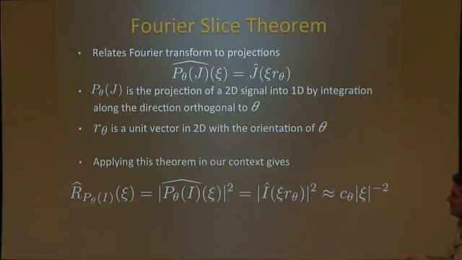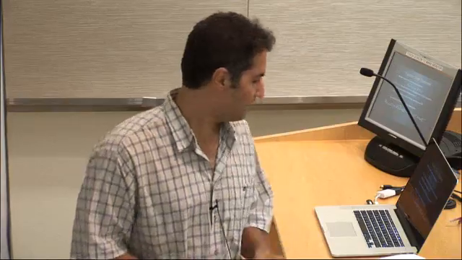So at the end of the day, we have a relation between the Fourier transform of the autocorrelation of a function after the image is being projected to a generic behavior in Fourier space, and we're kind of decoupling the C of theta variables this way.